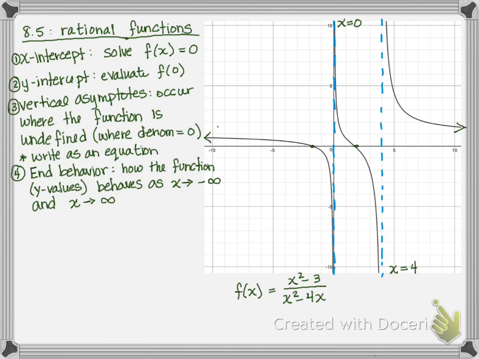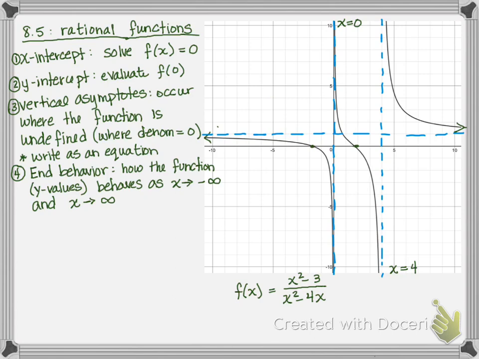When it comes to rational functions, often a specific thing happens. For our end behavior, notice that on the left side, the graph is coming up and leveling off at a y value of 1. And on the right side, the function is coming down and leveling off at a y value of 1. We don't actually see it touch the y value of 1 because it never does on the ends.